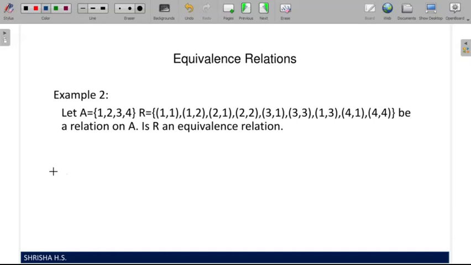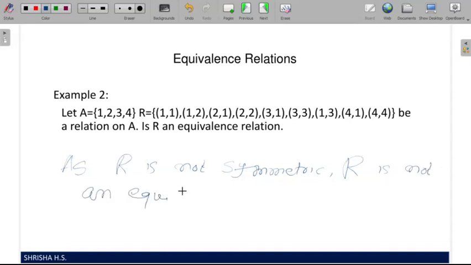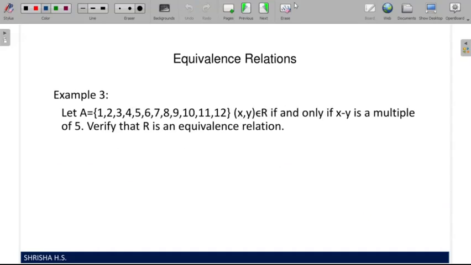We can straight away write the conclusion that as R is not symmetric, R is not an equivalence relation. So that would be example 2.